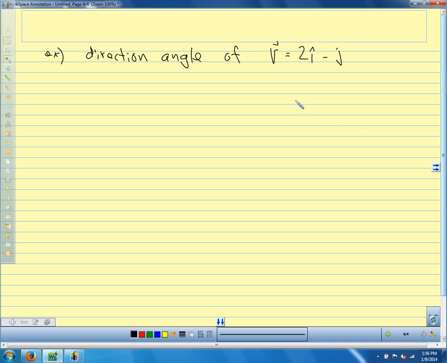So we're going to say that theta is the inverse tangent of y over x, of -1/2. So we plug that into our calculator, we get theta is negative 26.57 degrees.